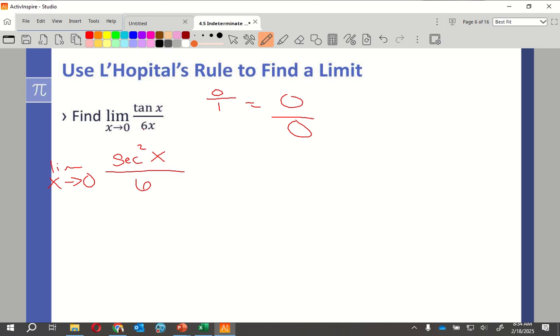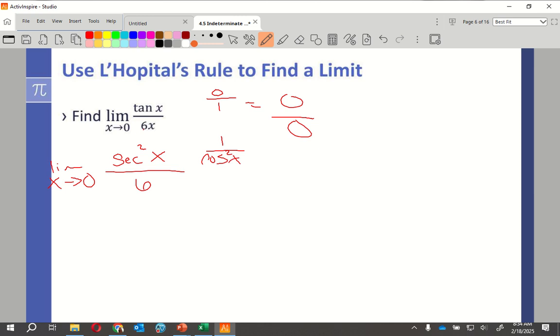Did I say derivative? Sorry, secant is the reciprocal. There we go, that's what I was looking for. Secant is the reciprocal of cosine. So if I rewrite this, it's actually 1 over cosine squared.